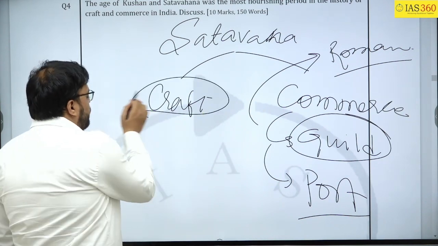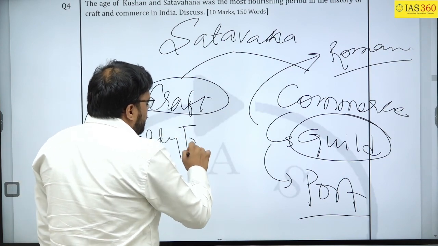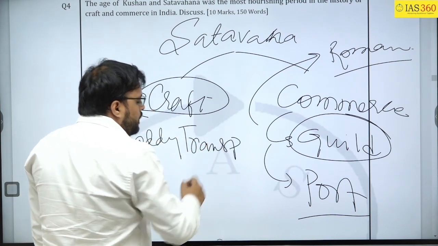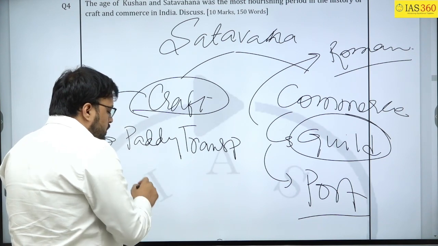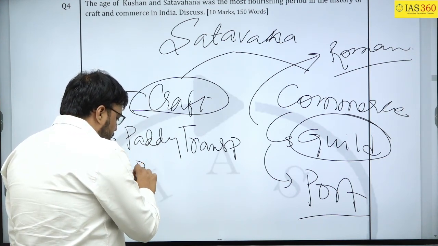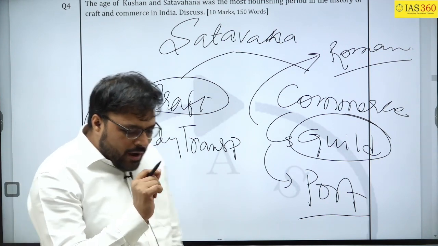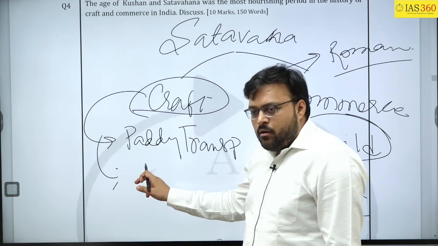Then about the craft. They were the people who knew about paddy transplantation. Then they knew about the coins which were released. Tell me what kind of coins Satavahana were releasing.